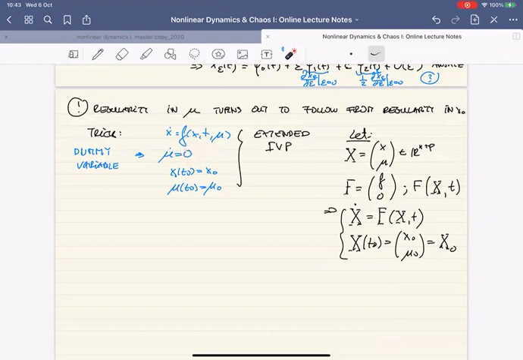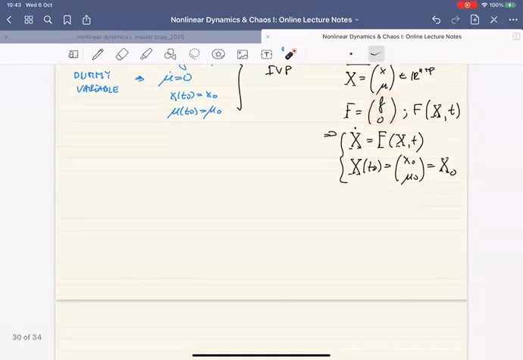So the addition of that component doesn't change the smoothness of the right-hand side. So you have this capital F being C^r in all its variables, which I just summarize as capital X, which now includes x and mu as well. Therefore, the corresponding flow map or solution map has that dependence that I want.